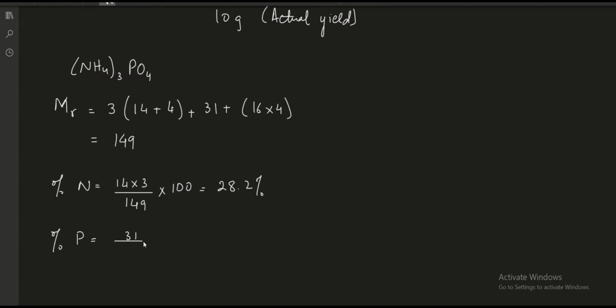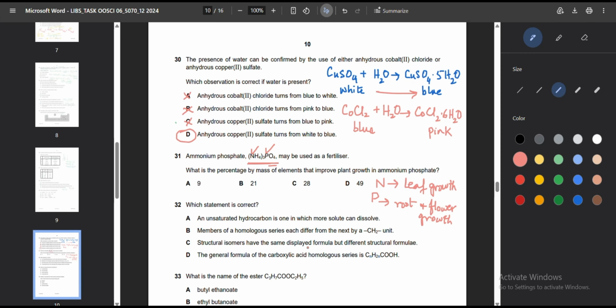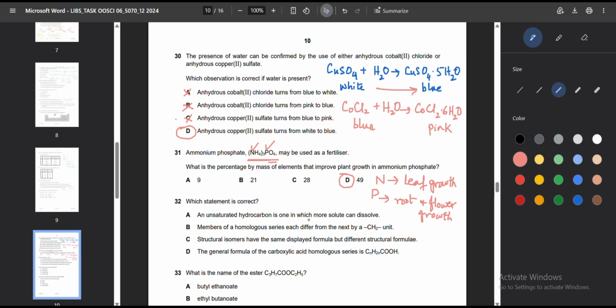It is 31 over 149 multiplied by 100, so it is 20.8%, and the total would be 28.2 plus 20.8, that will be 49.0% of both. So the correct option is option D, 49%.